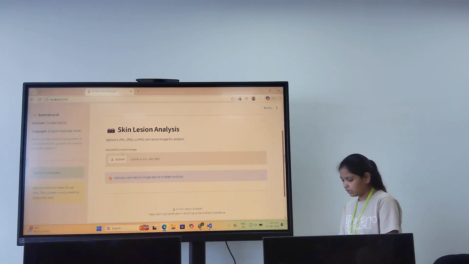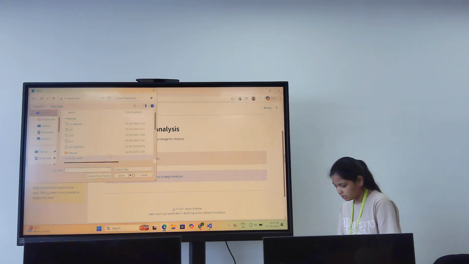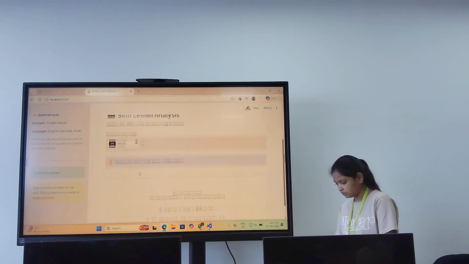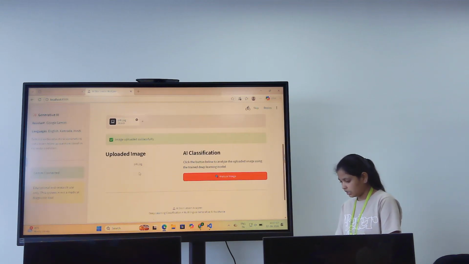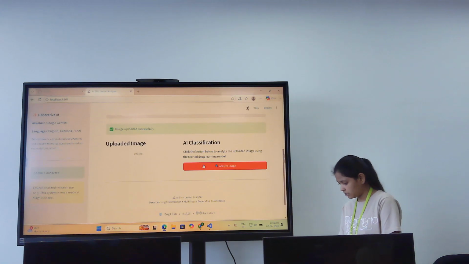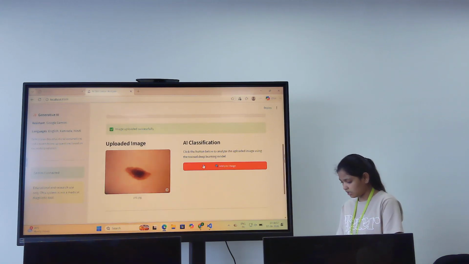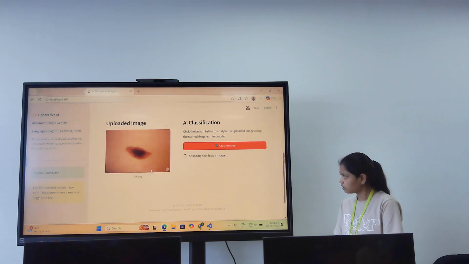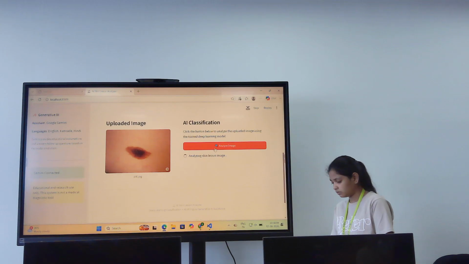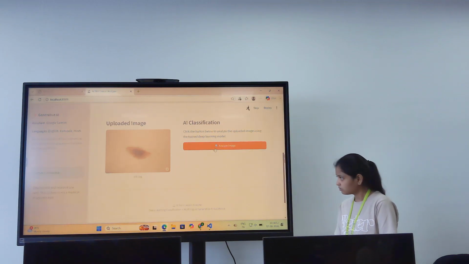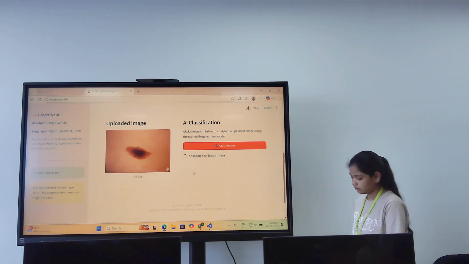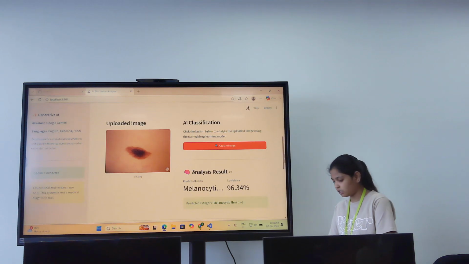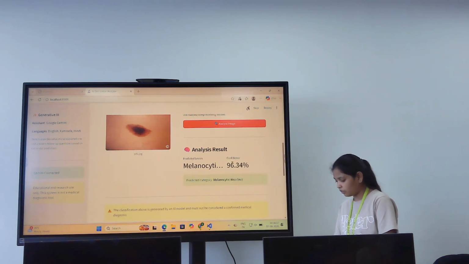Here we can upload the image. I upload an image. The system analyzes the image and gives the information about the disease and the confidence scores.